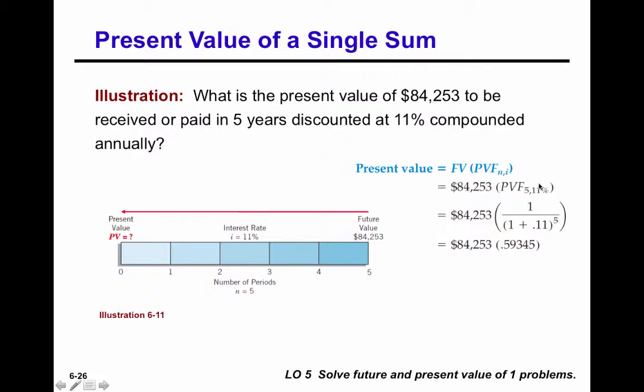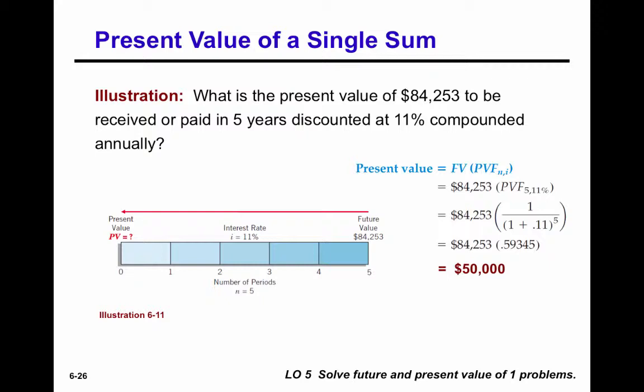Again, this is the formula computation, not the factor so much. 1 divided by 1 plus the interest rate raised to the power of the number of periods involved gives us this number, 0.59345, and that multiplied by the 84,253 tells us that the present value of that amount is 50,000.